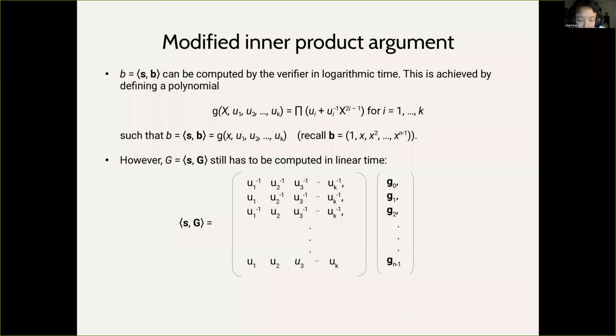We can exploit the fact that B is a highly structured vector, right?